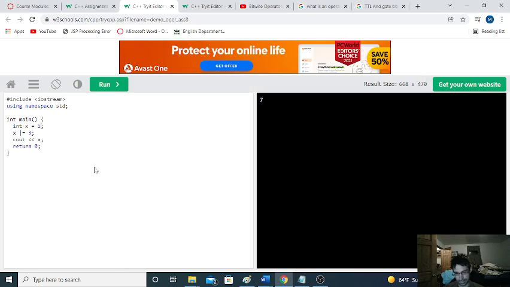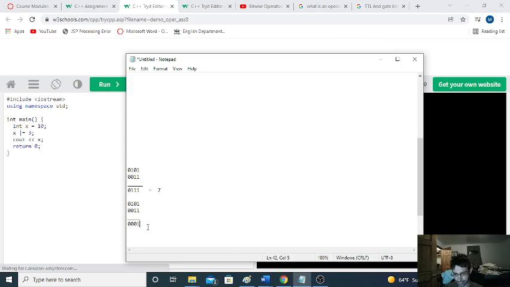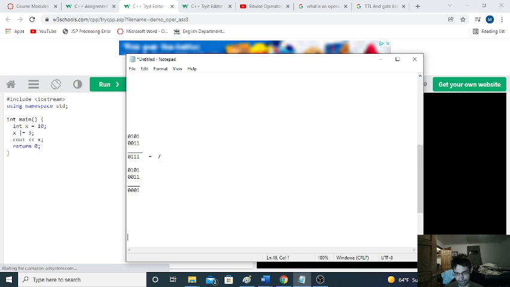Now let's change this to 10 and see if we can predict it. So a binary 10 would be 8. That's an 8's place. That's the 4's place. That's the 2's place. 8 plus 2 is 10.